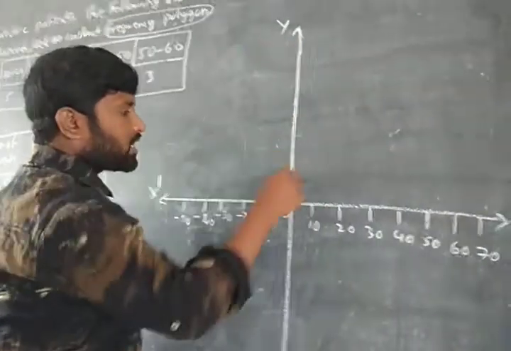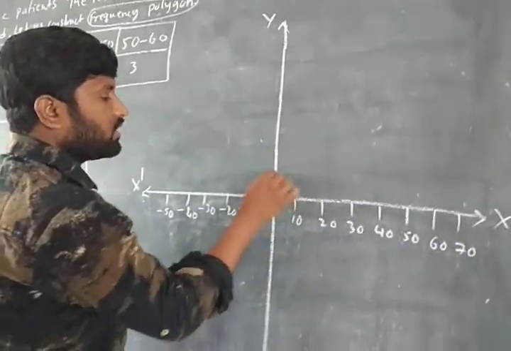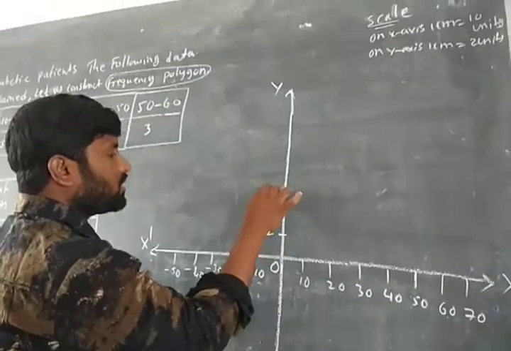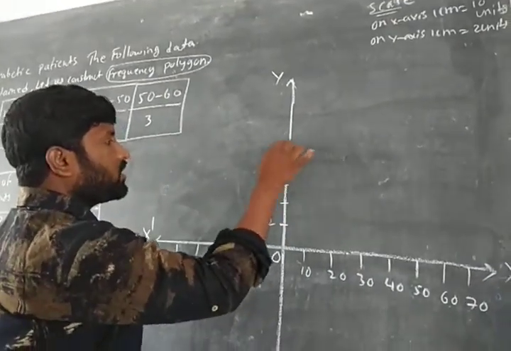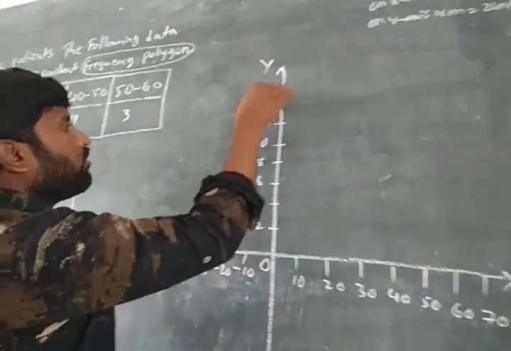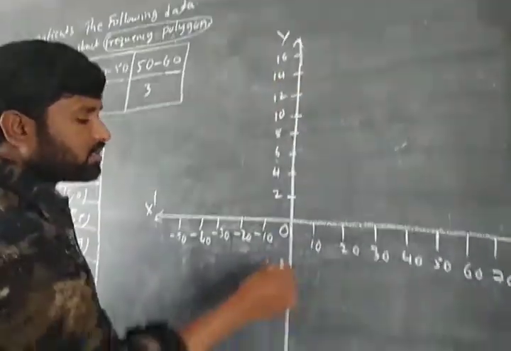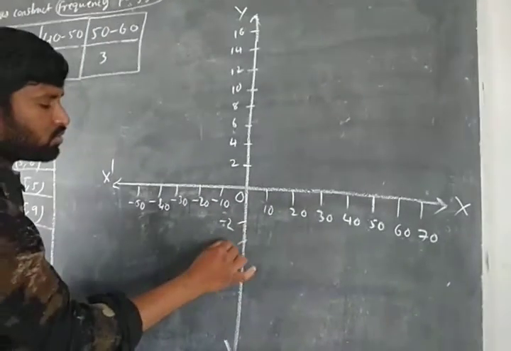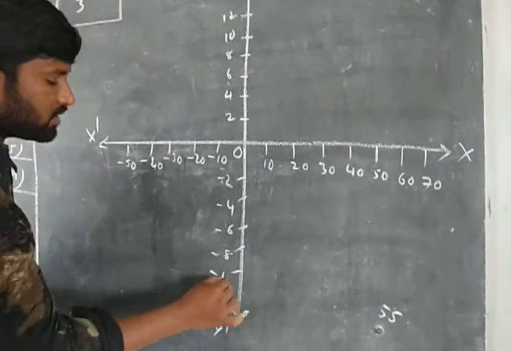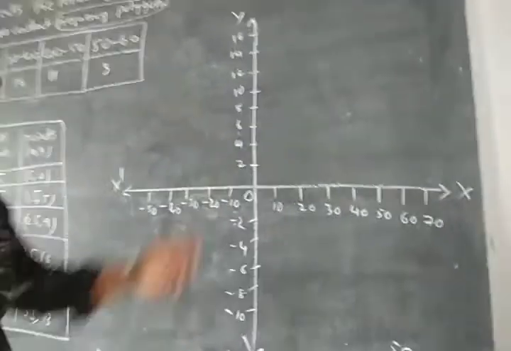On the y-axis: 2, 4, 6, 8, 10, 12, 14, 16, minus 2, minus 4, minus 6, minus 8, minus 10. I take it like this.